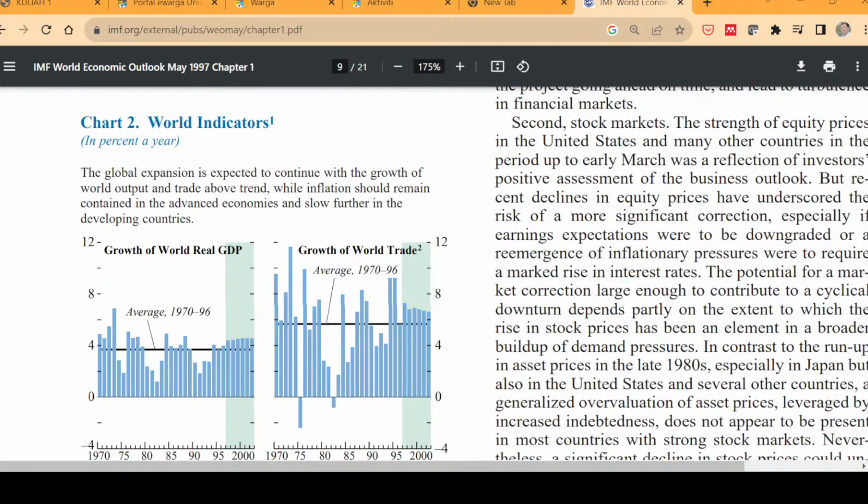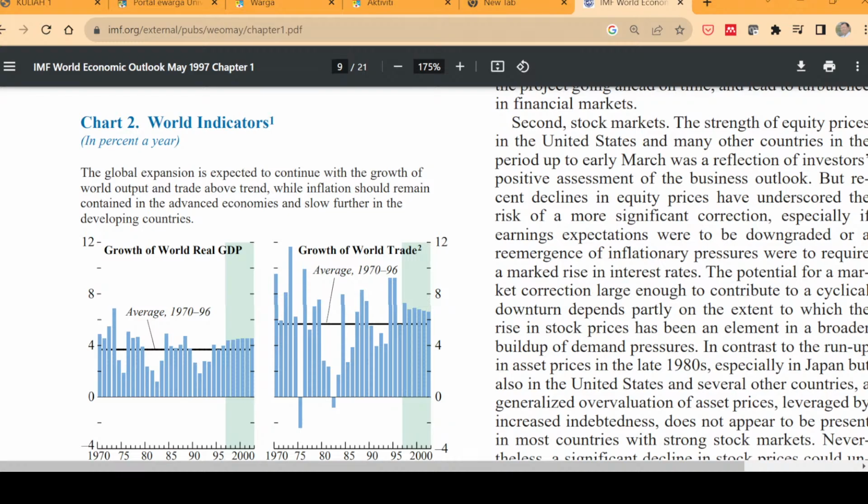See, this is world real GDP. Real means constant price. The growth. And this is growth of what? Growth of international trade, or world trade. I want to show you the ups and downs.